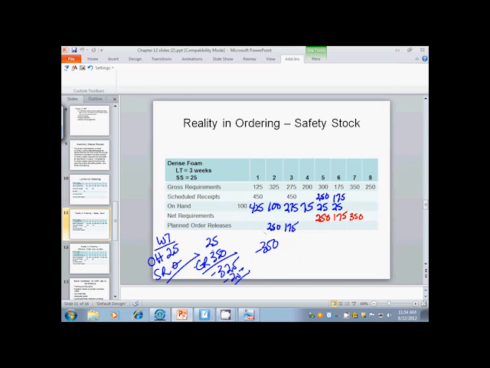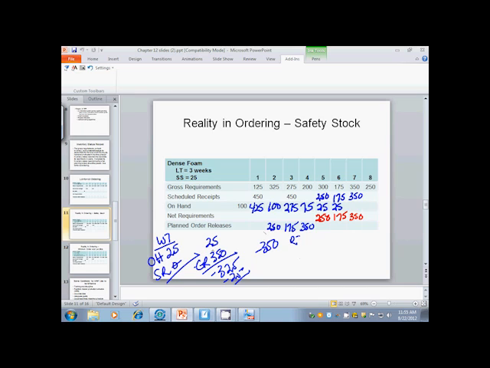There's that 3-week lead time. So if I order this in advance, 3 weeks in advance would be week 4. I'm going to order 350 units. If I order 350 units in week 4, I need to plan on getting them in or schedule my receipt of those units. So in week 7, I now have a scheduled receipt of 350 units.